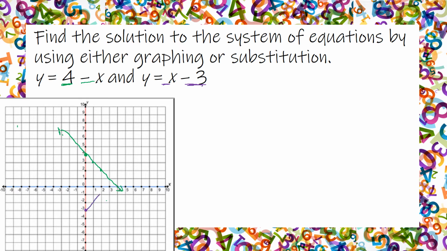So I'm going to graph that, and I see that my intercept looks like it's at about 3.5, but we can't be sure. They hit in the middle of that, but we can't be sure exactly where they're at unless we do substitution.